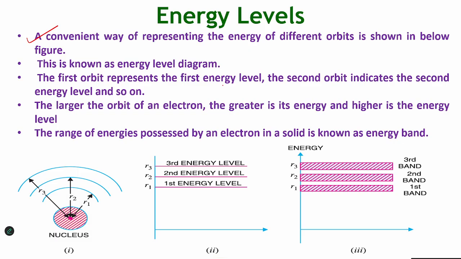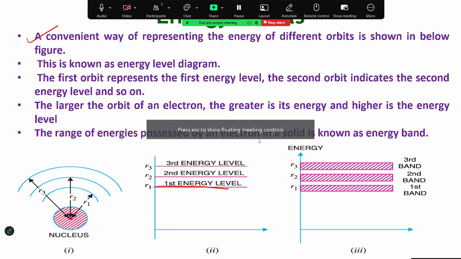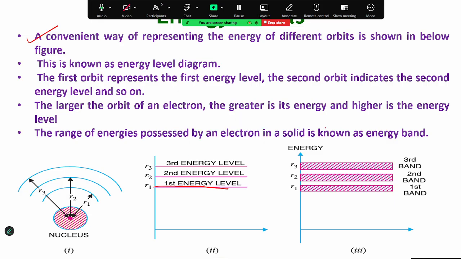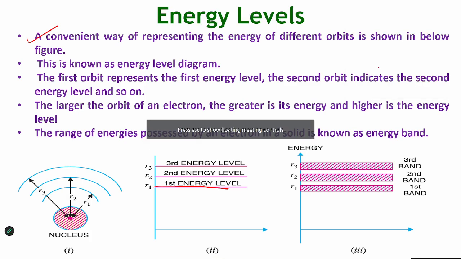But in carbon, we don't have only one carbon atom. If you take one molecule, how many carbon atoms do you have? So many, some millions of carbon atoms.